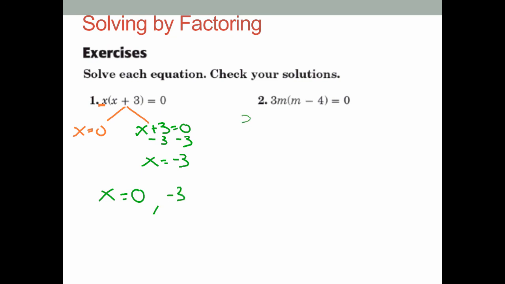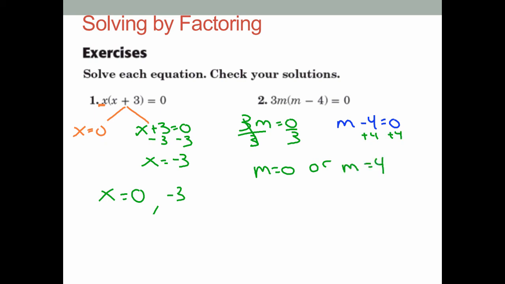In this case, 3m equals 0 or m minus 4 equals 0. I divide by 3, m again is going to be 0, or add 4, m equals 4. And I could write it like this also, as a valid way of writing an answer.